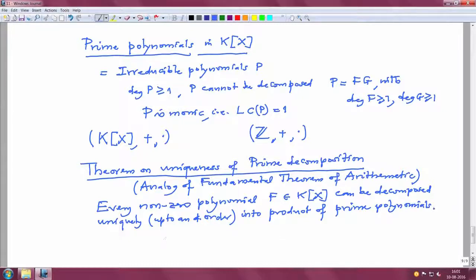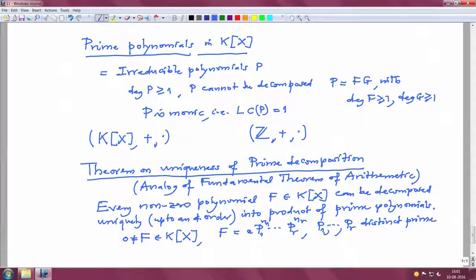In notation, if f is a non-zero polynomial in K[x], then you can write f as some constant times p1^n1 through pr^nr, where p1 to pr are distinct prime polynomials and n1 to nr are non-zero natural numbers.